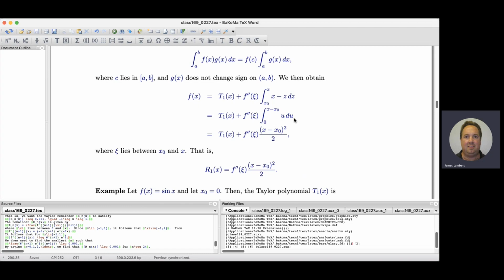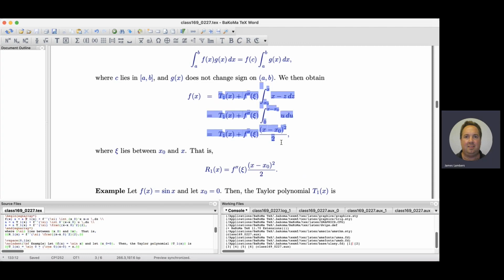The homework problems for this material are based on the examples that I have in these notes and also in the next set of notes. So if you didn't quite follow this, I wouldn't be concerned as far as your grade is concerned. This is just for those of you who want to see how the remainder formula is obtained. Then this material would be of interest, so I wanted to include it.